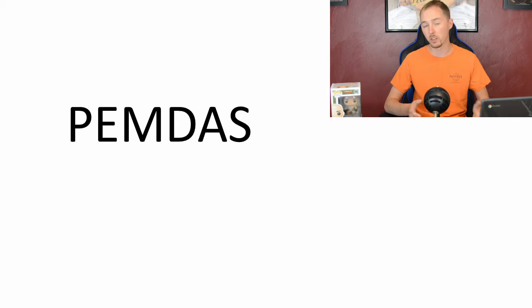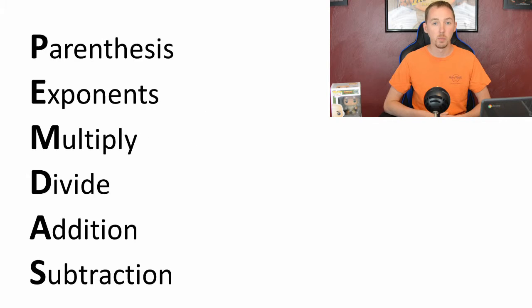It's an acronym, so every letter stands for a different word. P stands for parentheses, E is for exponents, M is for multiplication, D is for division, and A and S are for addition and subtraction. So that's the order that we perform operations in math. We start with the parentheses, then any exponents, then multiplication, division, addition, and subtraction.